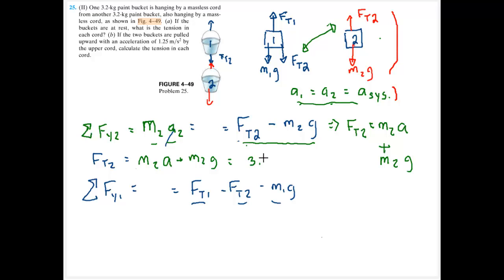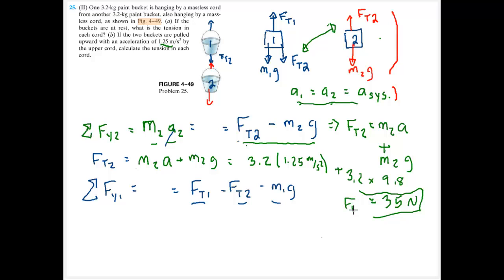So that's going to be 3.2 multiplied by 1.25 meters per second squared, that is the acceleration defined right here, plus 3.2 multiplied by gravity, 9.8. So the force of tension number 2 is going to come out to be about 35 newtons.